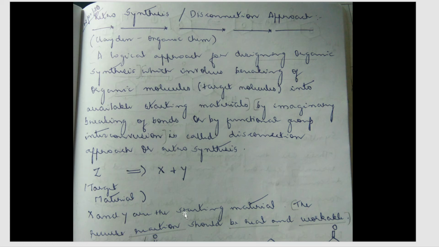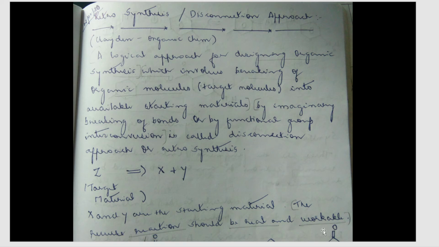So this is called as retrosynthesis, and the arrow here you can see, this arrow is called as a retrosynthesis arrow. Okay, so X and Y here are the starting material, and the reverse reaction you will be writing how the reverse reaction would be, and you will be writing which reactants might have reacted to form this Z. So that reverse reaction that you're writing, it should be real and workable.